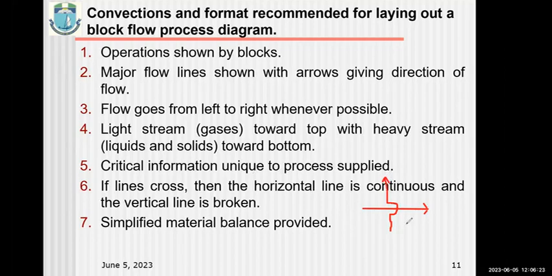Just to show us that there are two streams. This is the one that is going horizontally and the other one is crossing over it. Of course, these will have to be straight lines.